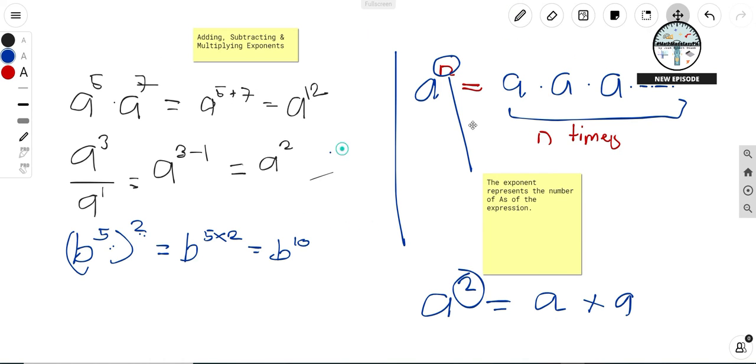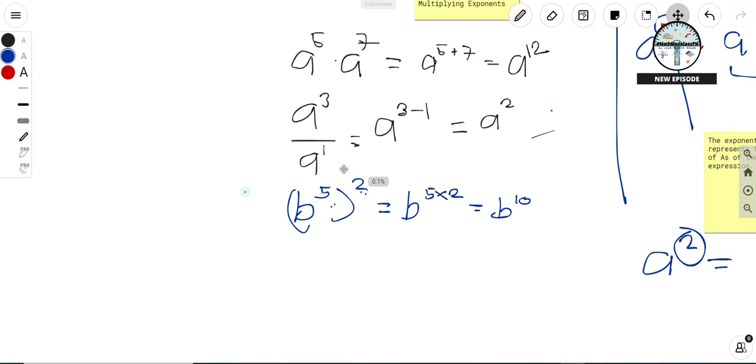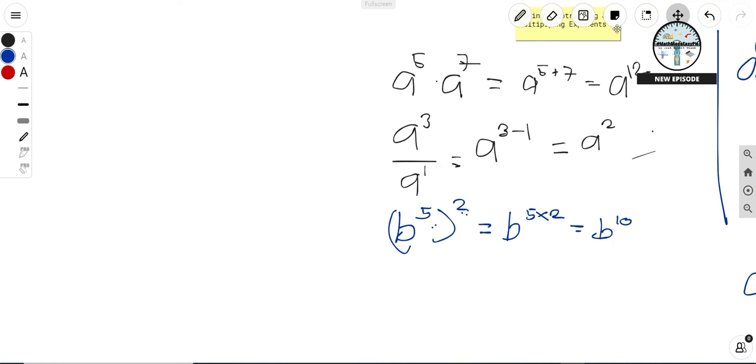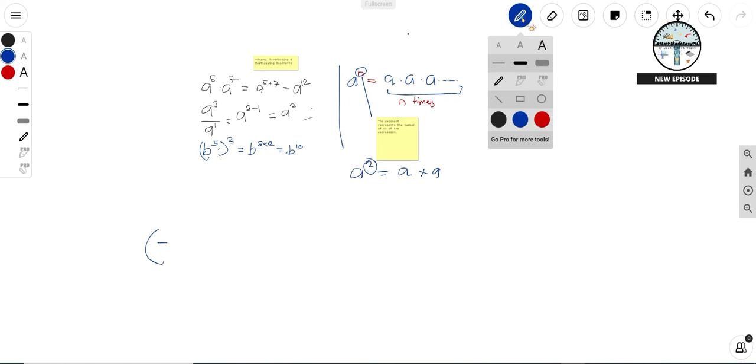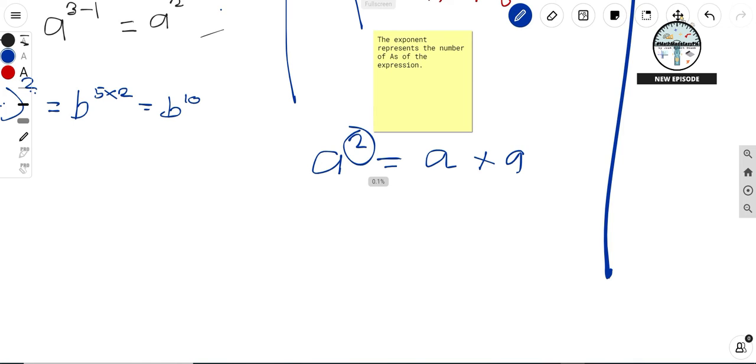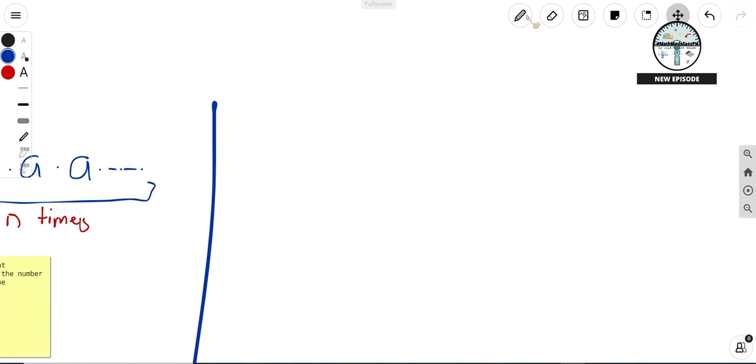Let's go back to the properties and make some examples. Let's go to adding exponents.